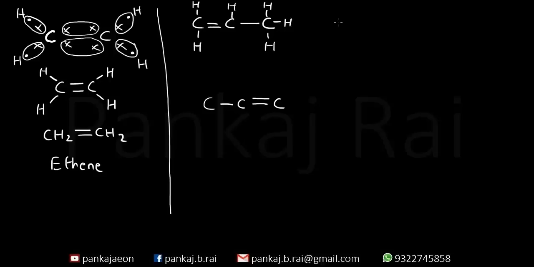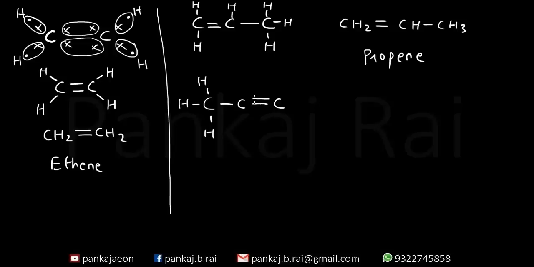So this will be written as CH2 double bond CH single bond CH3. This is called propene. Let us concentrate on this one. This carbon has formed only one bond, so it can form 3 more bonds with 3 hydrogens. This carbon atom has already formed 3 bonds, 1, 2, 3, so it can form only one bond with hydrogen.